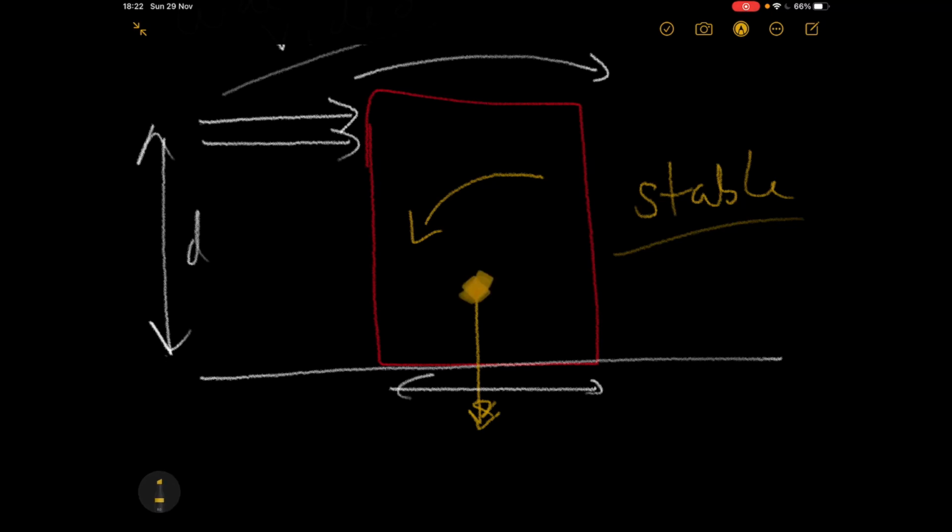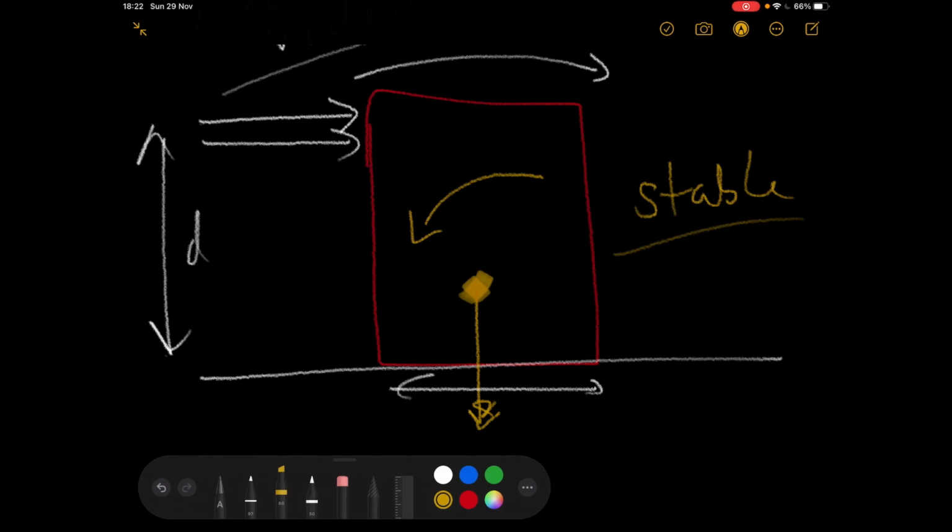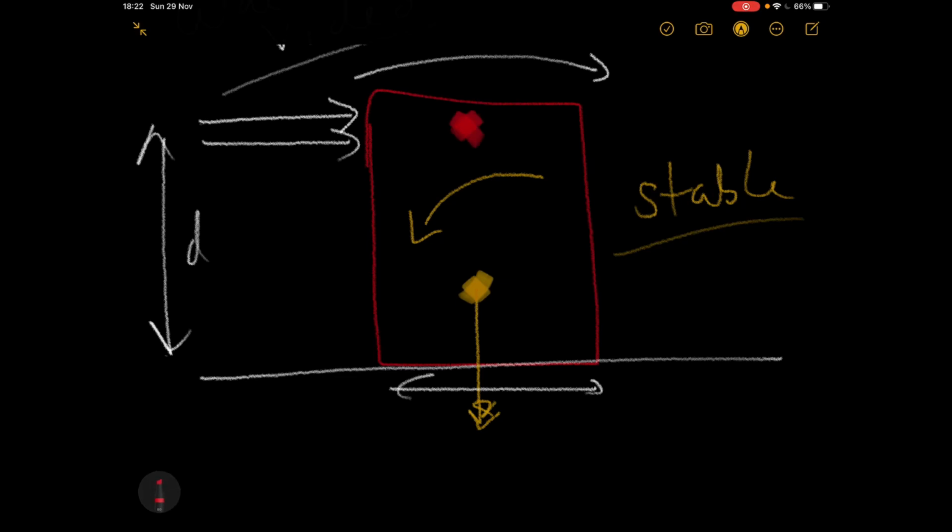Because a lower centre of gravity is much more stable. It's much harder to move. You have to go to a bigger angle before that will move outside of the confines of the actual block. Whereas something which has a very high centre of gravity, so if it was up here, would be much easier to move.